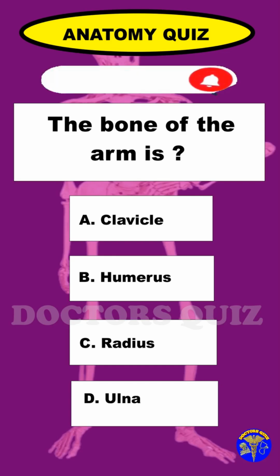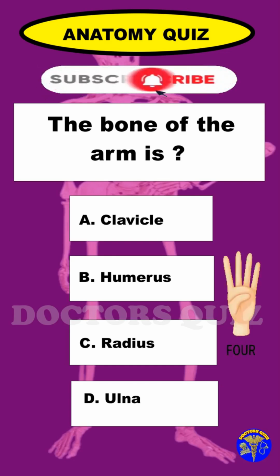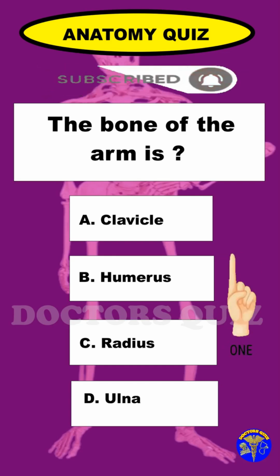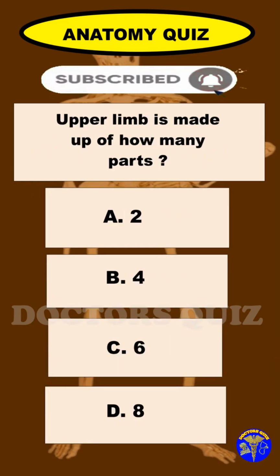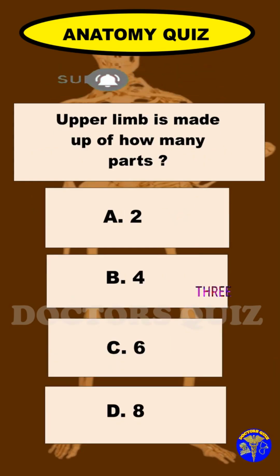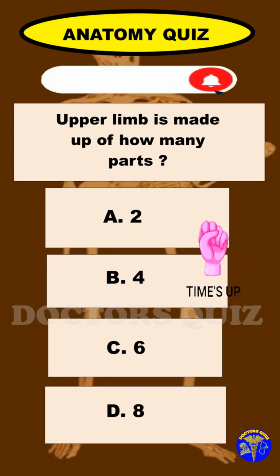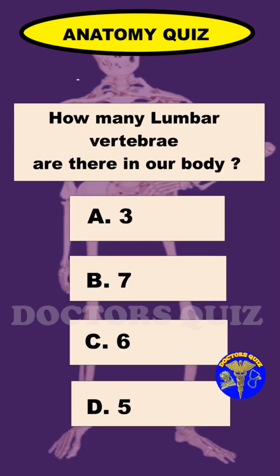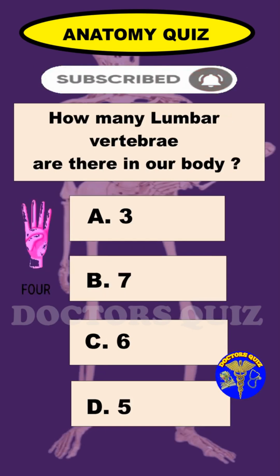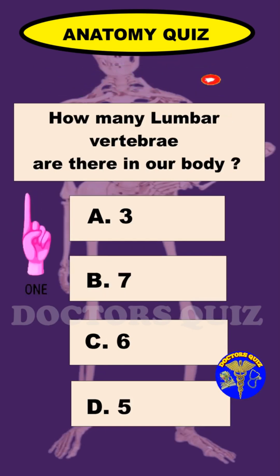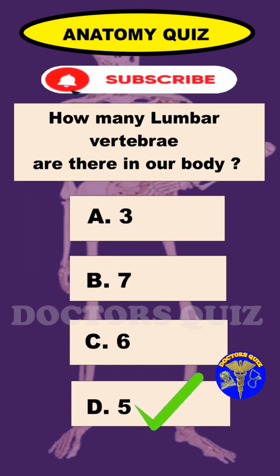sternal end. The bone of the arm is humerus. Upper limb is made up of how many parts? 4 parts. How many lumbar vertebrae are there in our body? 5.